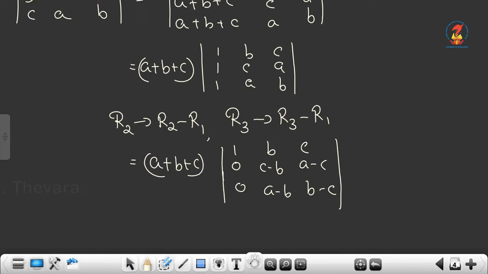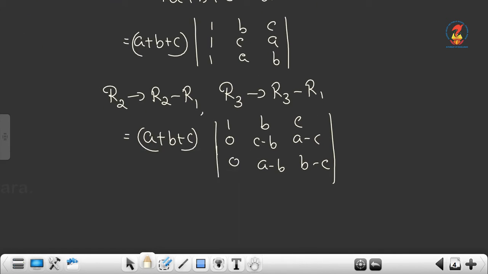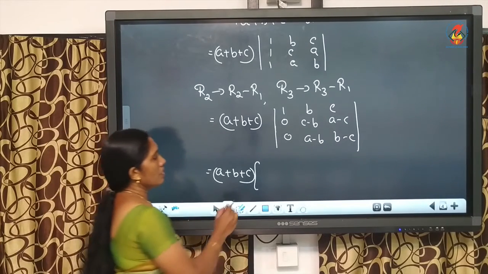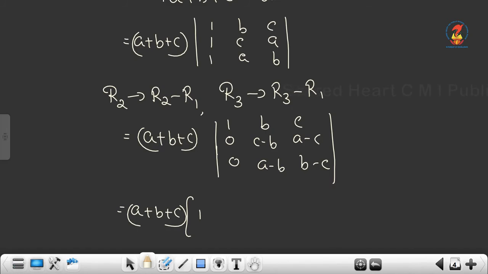Now you have to multiply. Multiply means value of the determinant, cross multiply. a plus b plus c into, expanding along C1, so 1 into, delete the row 1 column. So we get c minus b into b minus c minus of a minus c into a minus b.